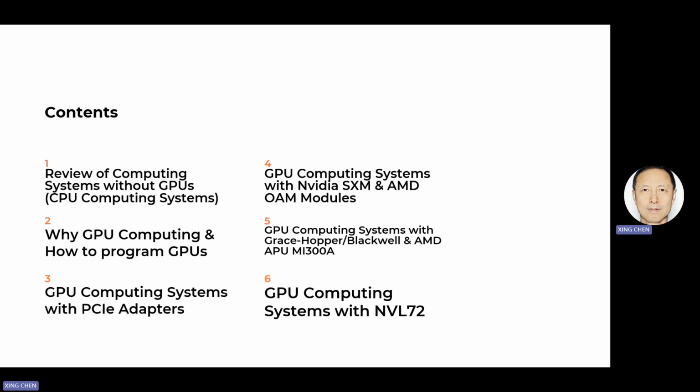The third reason is that GPU computing doesn't reinvent the wheel. It has reused the basic concepts and ideas of CPU computing. So going through CPU computing gives us the basis for understanding the evolution of GPU computing.